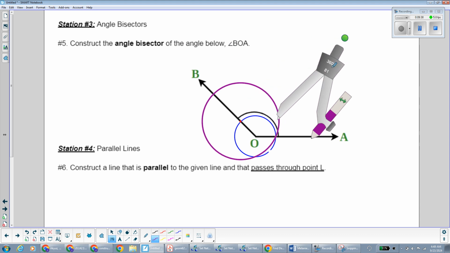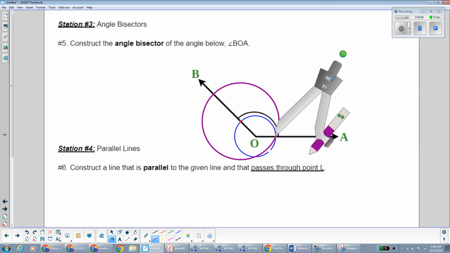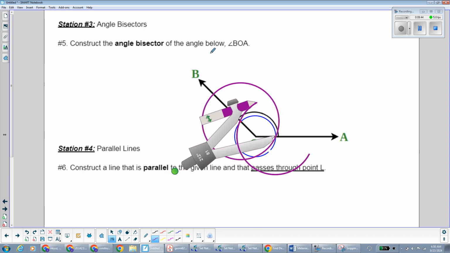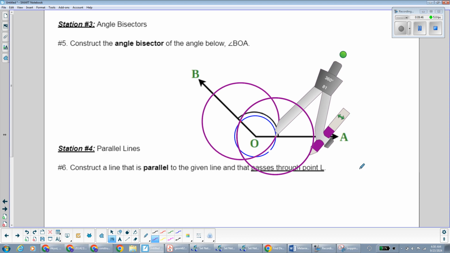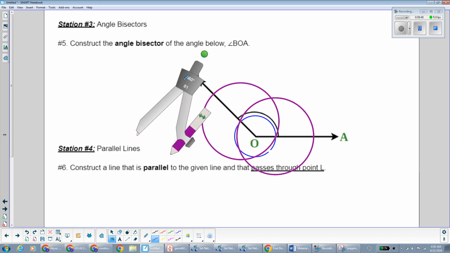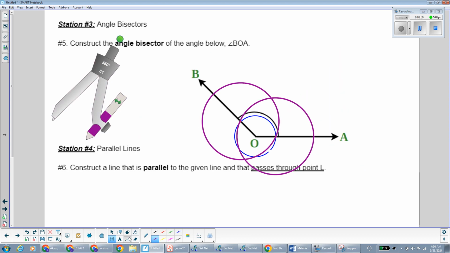Then I'm going to go over to the other place where the blue circle intersected the angle. And using the same measurement, I'm going to swing the same circle. We have a bottom and a top intersection point. And right through there, I'm going to draw in my angle bisector.